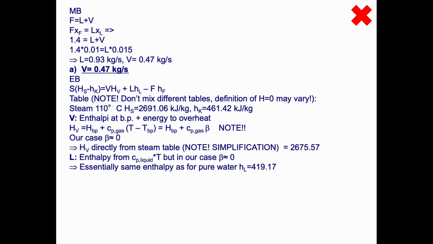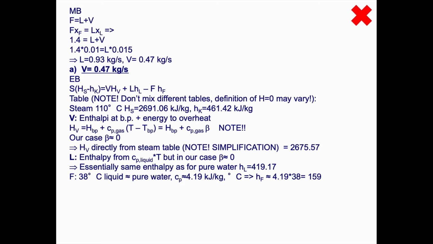So we essentially have the same enthalpy as for pure water. To do this carefully you should use the integral of Cp dT, but the integral mean value is approximately 4.19 anyway in this temperature range. So at 100 degrees, we get 419.17 kilojoule per kilogram.